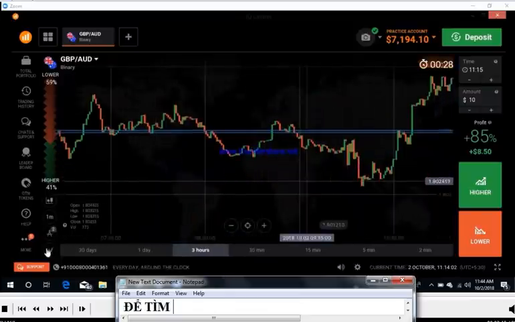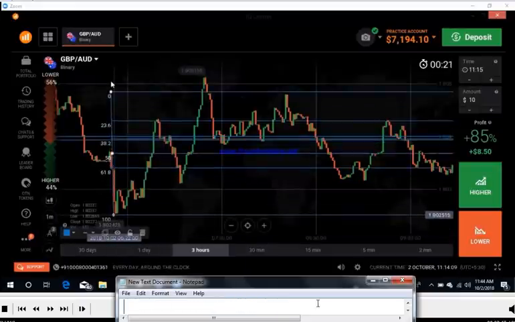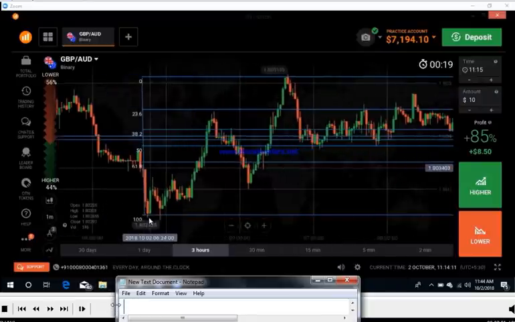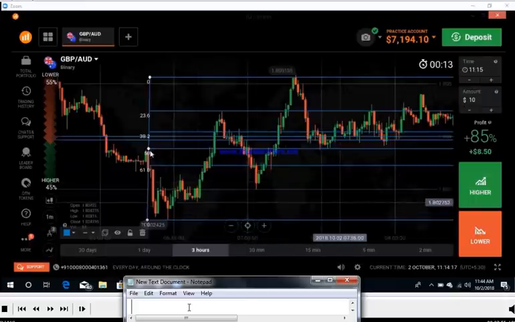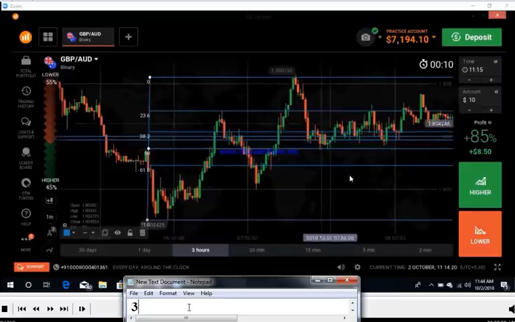Not all lines are strong lines. Here, Fibonacci lines. Not all lines are strong lines. Only the 38.2 level is working every time.